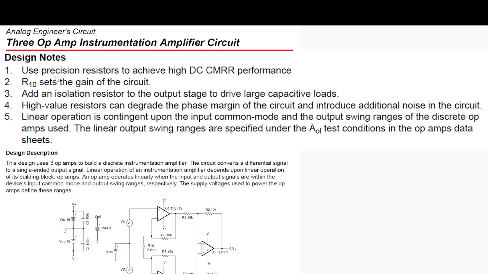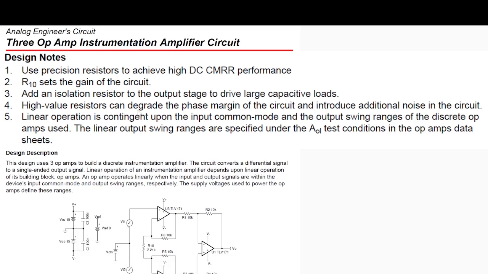Okay, so some of the design notes are taken from the same document: use precision resistors to achieve high DC common mode rejection ratio. So this is the concept relating to OPAMPs. Performance: R10 sets the gain of the circuit. Add an isolation resistor to the output stage to drive large capacitive loads.